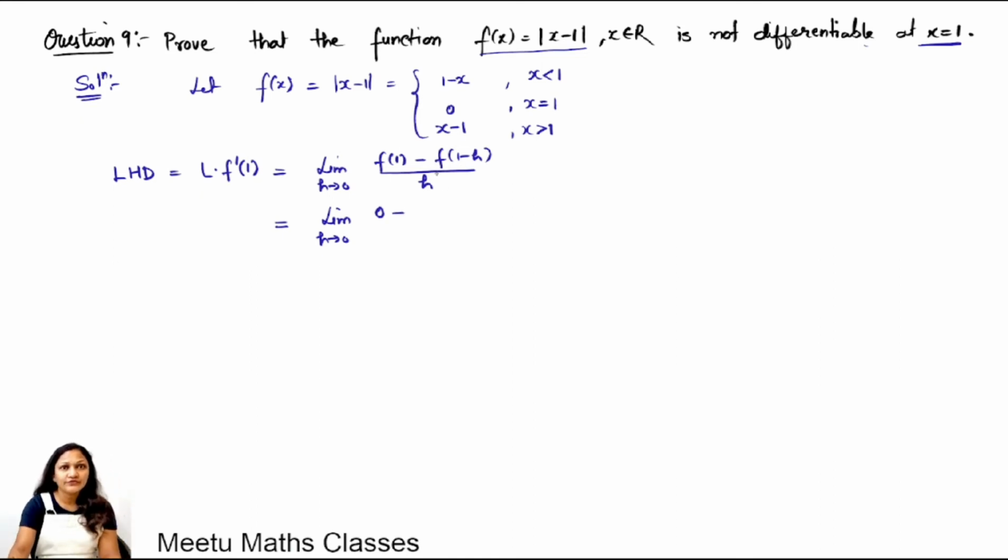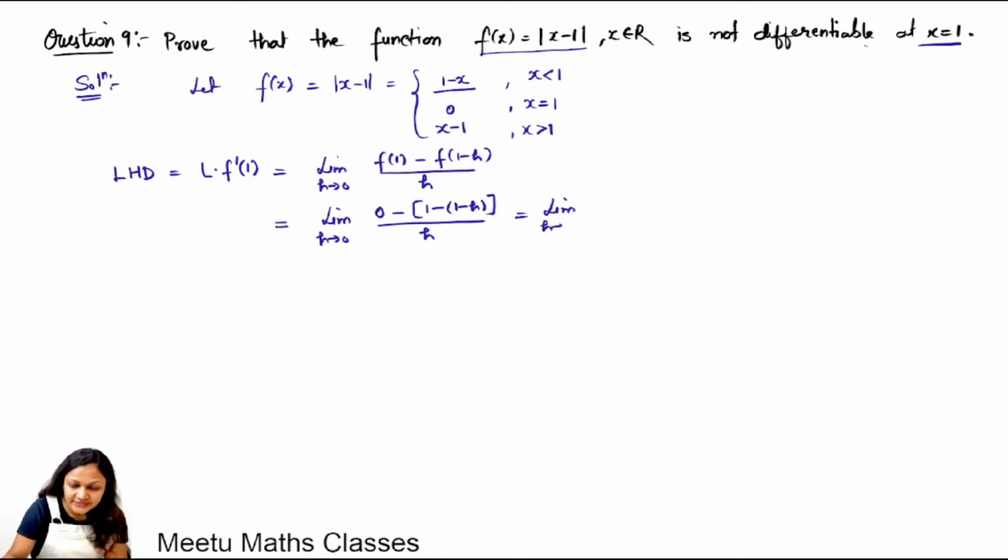To the left of 1, your function is defined as 1 minus x, where x is 1 minus h, upon h, and 1 will cancel out and it will give you limit h tends to 0. This is 1 minus 1 plus h, so minus h upon h, and this is minus 1.